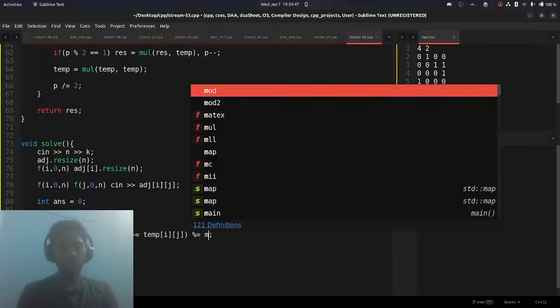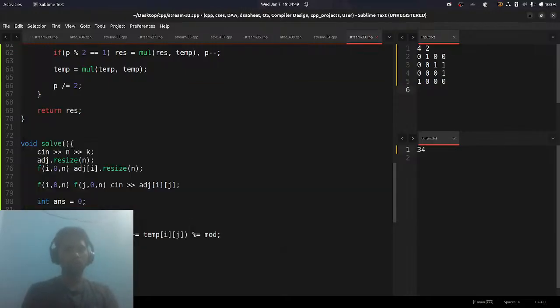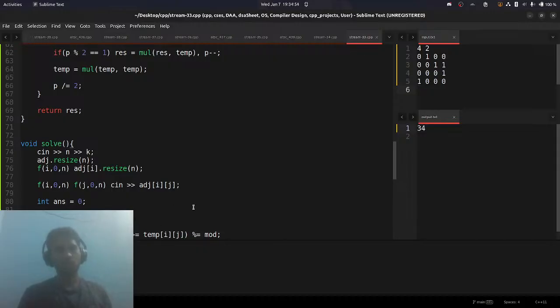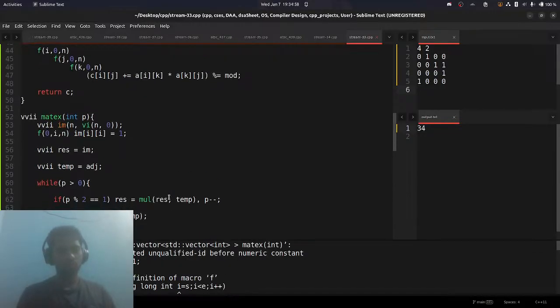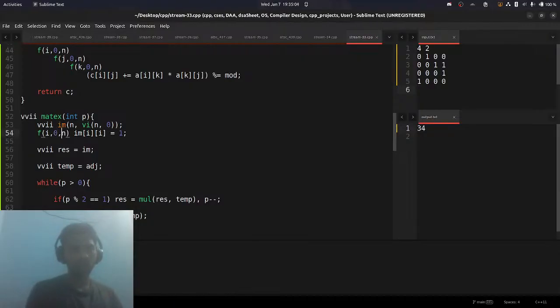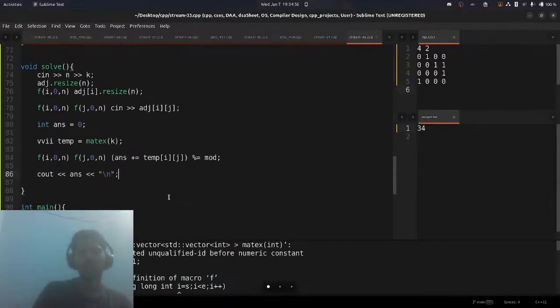So it will be this and this C. So we have answer as 4.